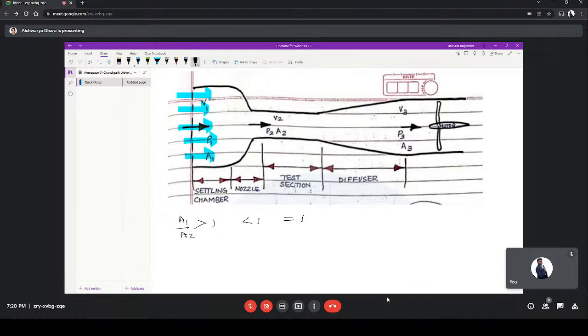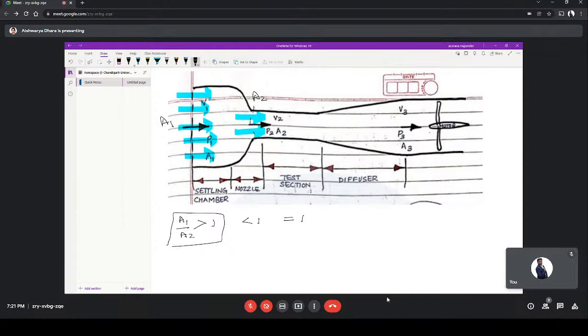The entrance is always A1, and when the flow enters the test section, it is section A2. Obviously section A2 is less than A1, so the A1 by A2 ratio is always greater than 1.